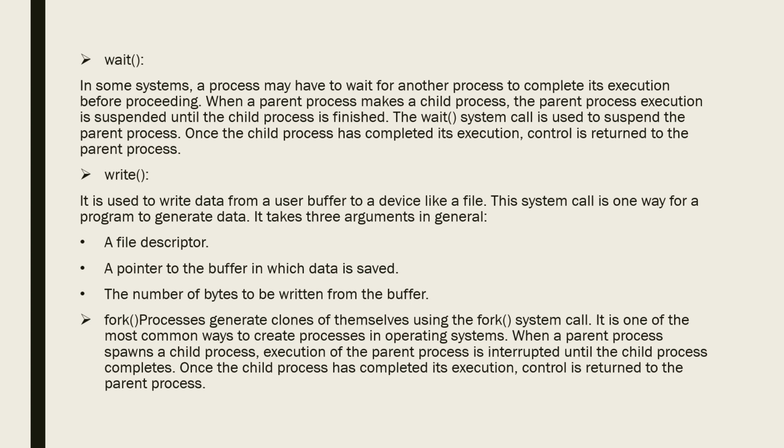The fork system call is used to create processes. It takes no arguments and returns a process ID. The purpose of fork is to create a new process which becomes the child process of the caller. It is an operation whereby a process creates a copy of itself. Once the child process has completed its execution, control is returned to the parent process.